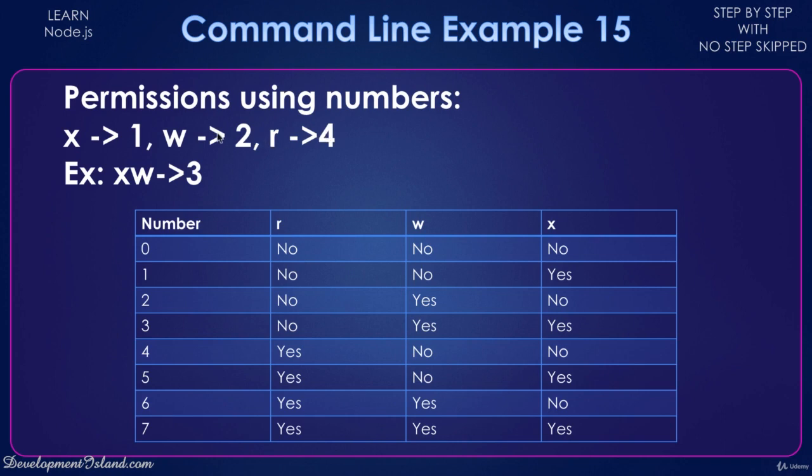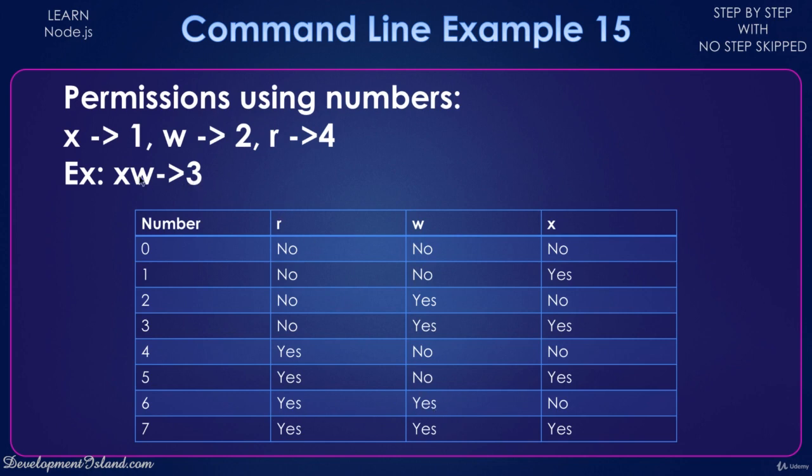So a number 3, for example, means that we've got x and w. So 1 plus 2 equals 3. Each of these numbers will correspond to a unique combination. So 6 refers to 2 plus 4, and that's write and read. And let's check that. Read and write.